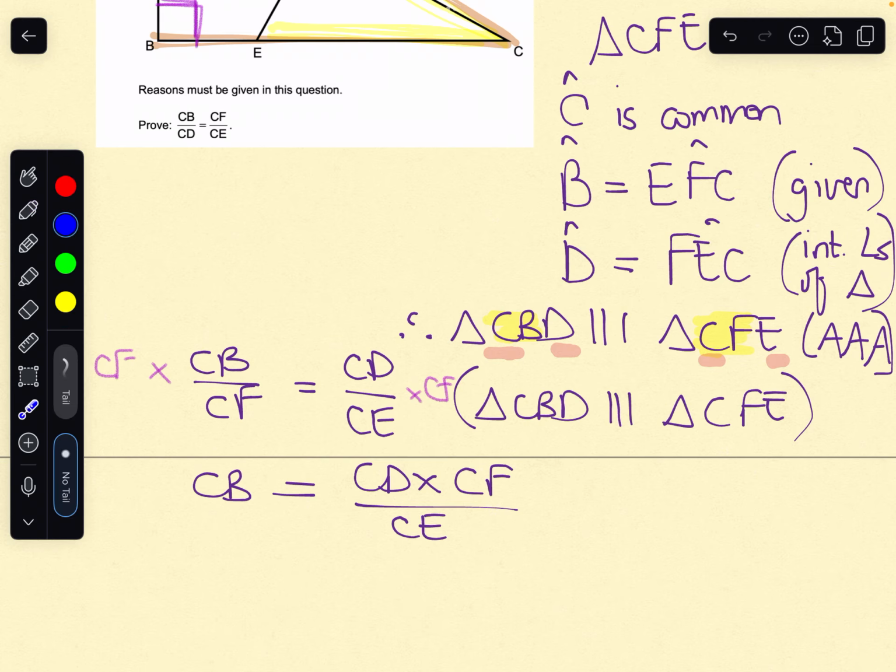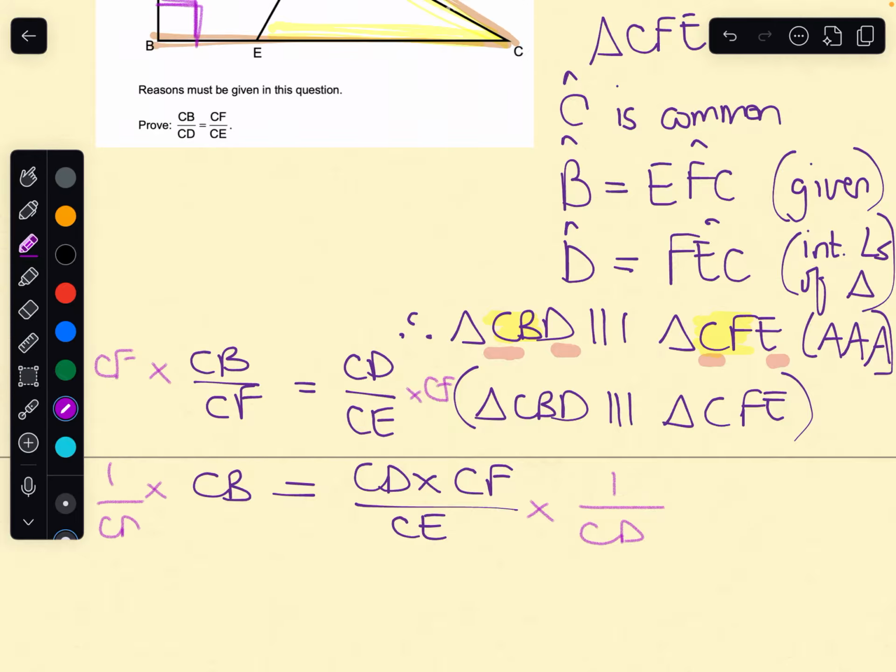CE is good where it is. We've got CF at the top. CD needs to go. Okay, we need it down here. So I'm going to times by 1 over CD and do the same on this side. So then CB over CD is then equal to CF over CE, which is what we were required to prove. And that's that on that, kids.